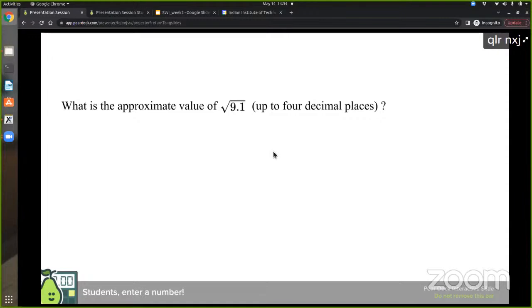And what should be the value of a here? 9. Yes, a should be whatever value you know. Can we take 2 minutes of time for solving this question? Yeah, sure.